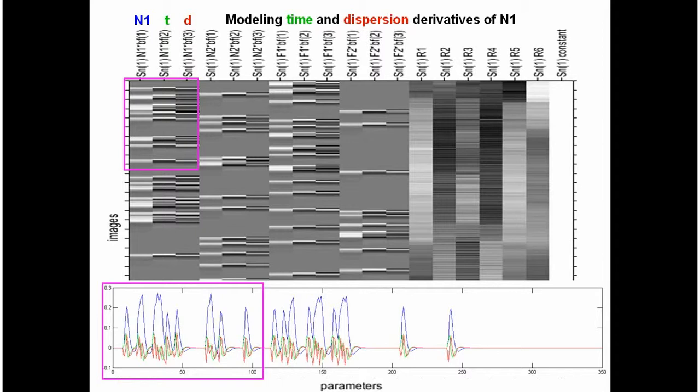In this particular case, for N1 condition, this is N1 canonical hemodynamic response, and in red and green it is dispersion and time derivatives plotted. What does it mean, and why do we need additional predictors in this model?